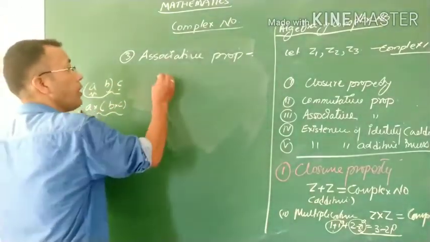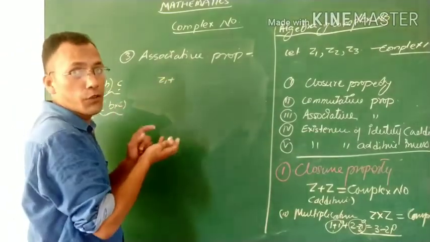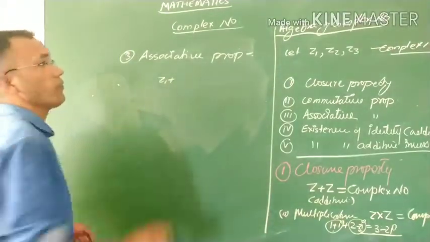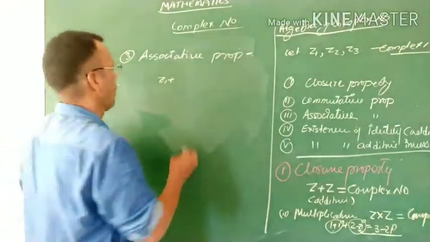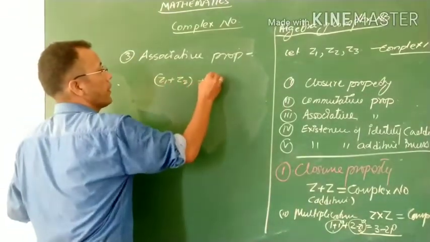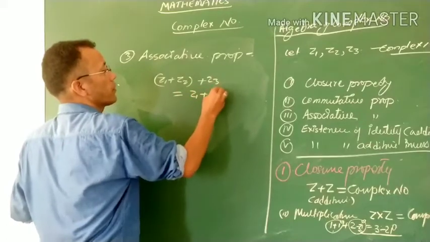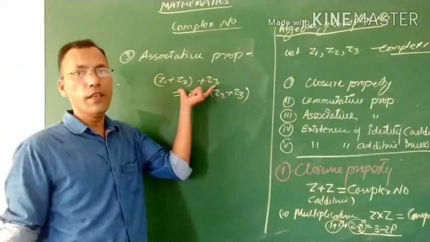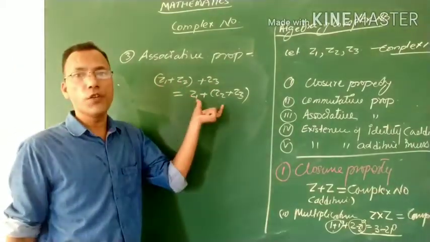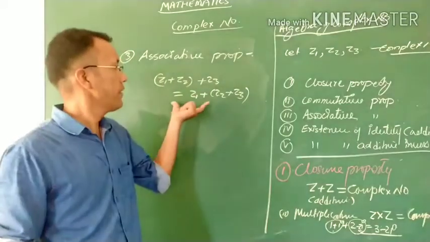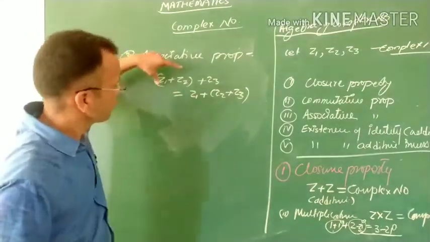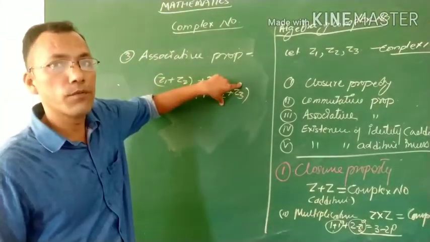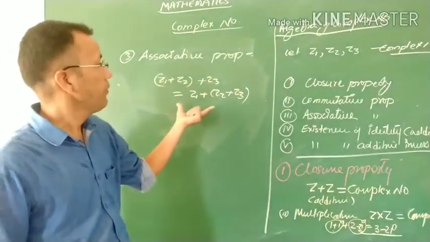Here, writing the associative property for addition: Z1 plus Z2 are already friends, and Z3, this is equal to Z1 plus Z2 plus Z3, right? So Z1 plus Z2, plus Z3, is equal to Z1 plus Z2 plus Z3. So these are the same thing. The first two are associated to the third one, or the first one is associated to the second and third. So then the answer will be the same.